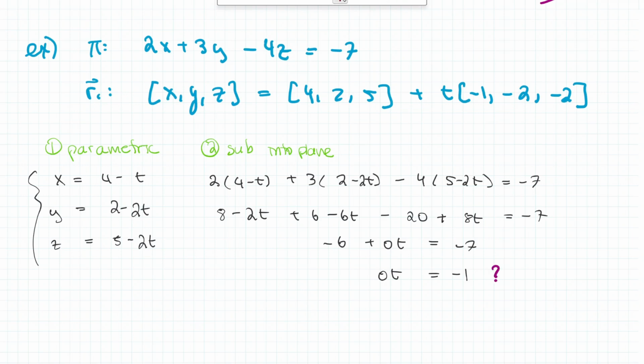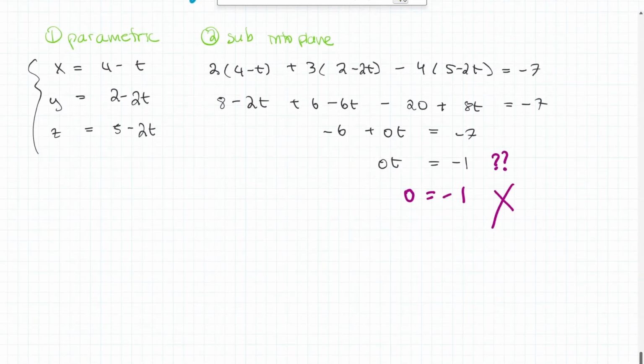This is another strange case. This is a 0 equals negative 1 case, which mathematically doesn't work. So that means that we can see that there is no value of t that makes this true.